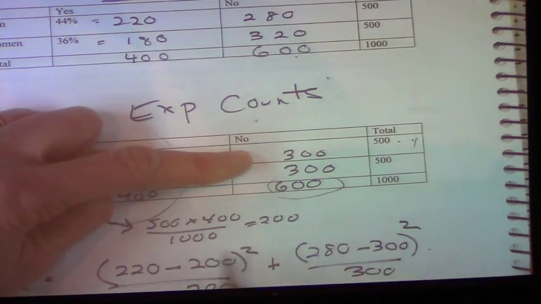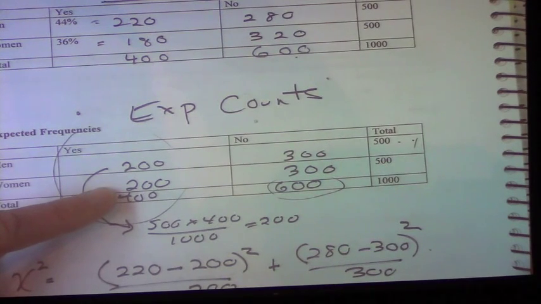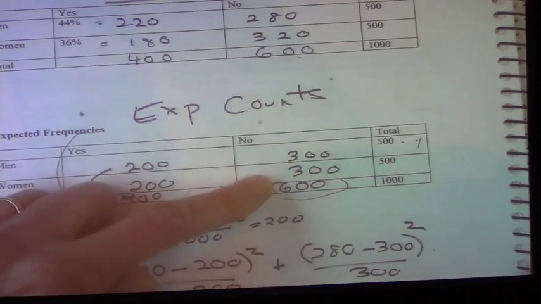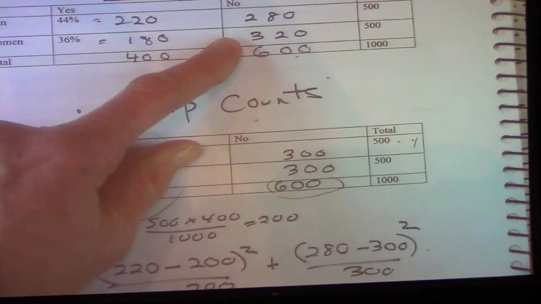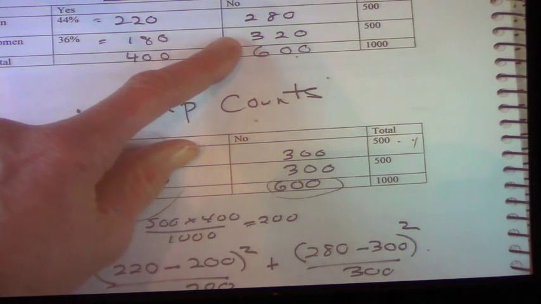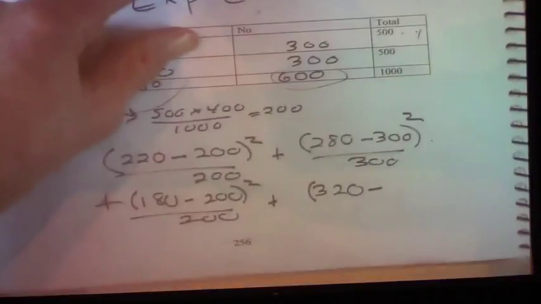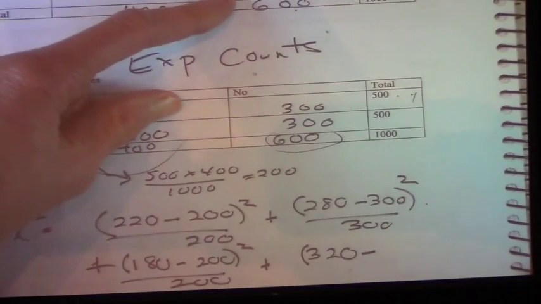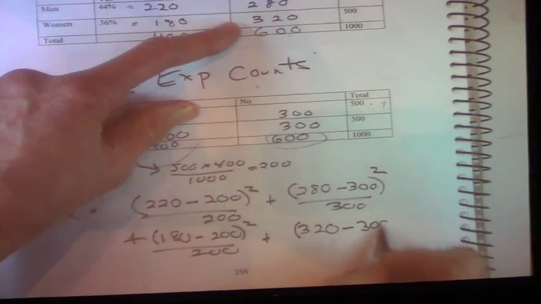Now I'm adding all four of them. 180 minus its expected, 200, squared over 200. And our final one, 320 minus 300, squared, divided by 300.